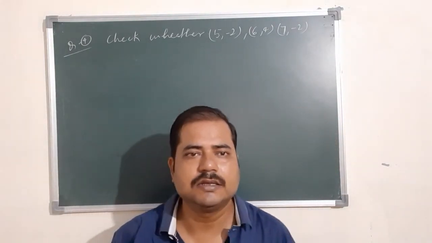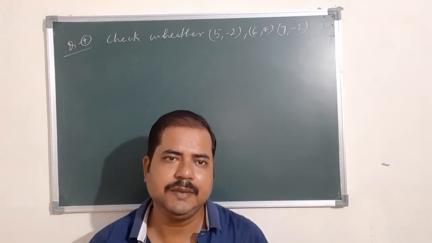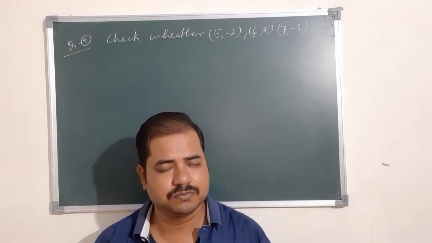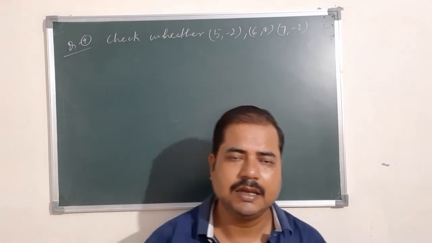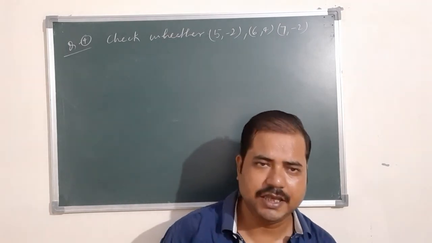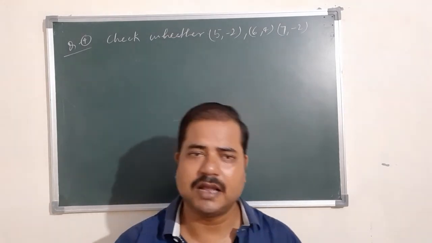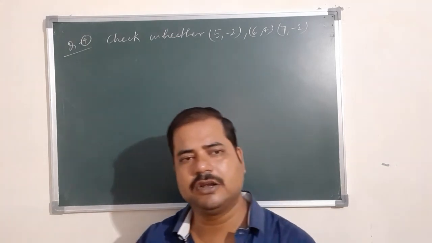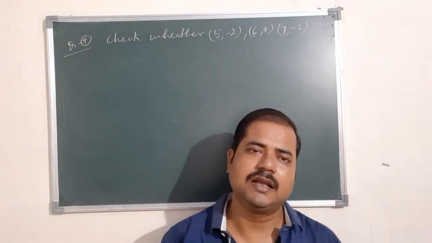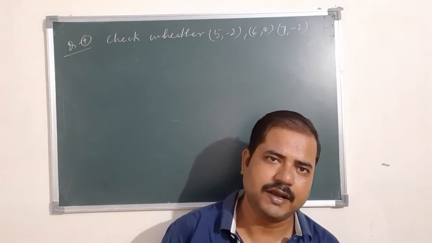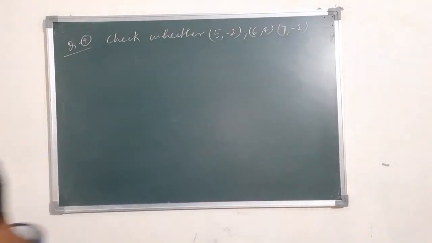We consider triangle ABC with these vertices and find AB, BC and AC. If two sides are equal, that means either AB and BC, or BC and AC are equal, then we can say these are the vertices of an isosceles triangle. So let us start.